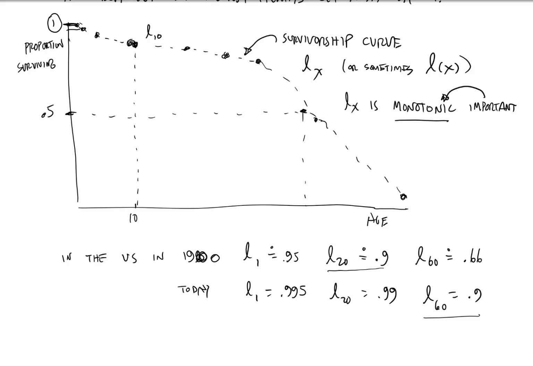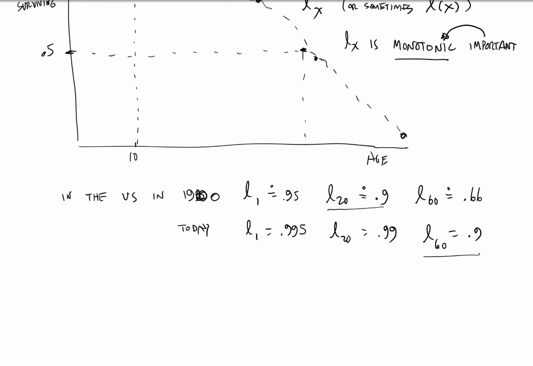I should comment that in the highest infant mortality places in the world right now, roughly 10% of babies die before age 1. So in the highest mortality places in the world, L1 right now is around 0.9. So that's some facts to put this into context.